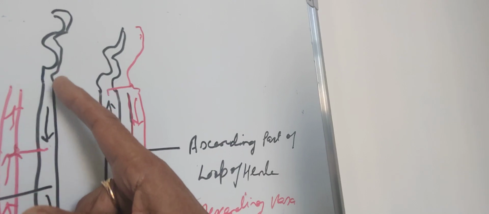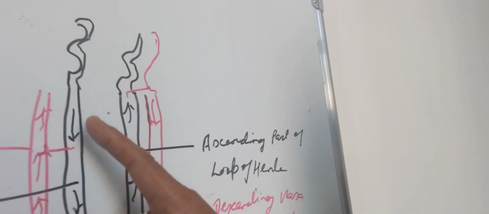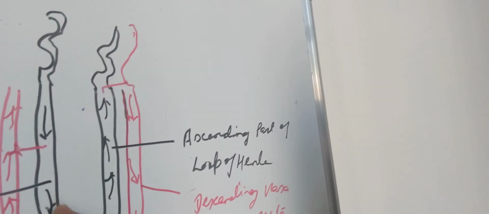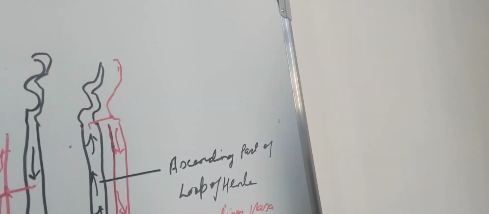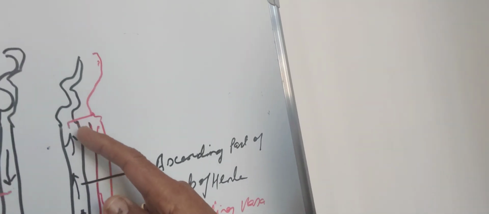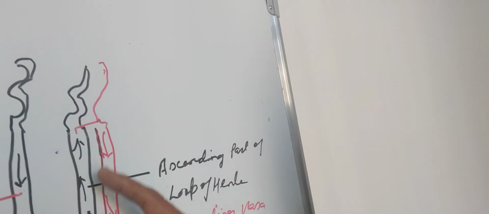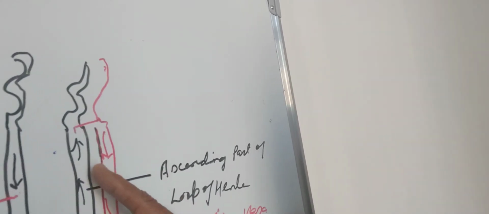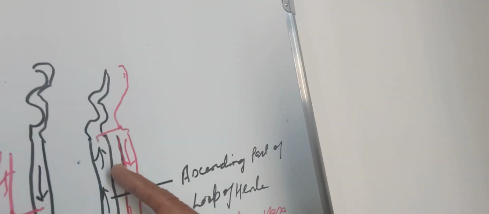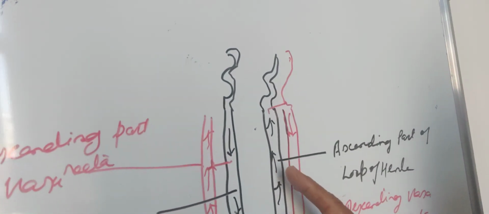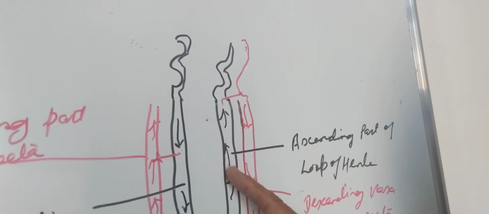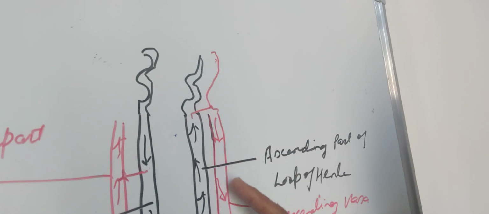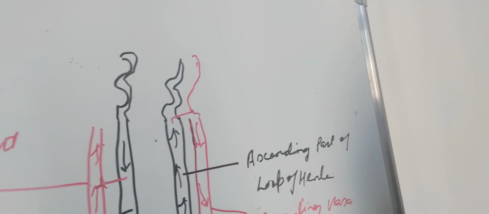So the filtrate in the descending loop of Henle flows downward, and the filtrate in the ascending loop of Henle flows upward. Conversely, parallel to the ascending limb of the loop of Henle, the descending limb of the vasa recta is going down.